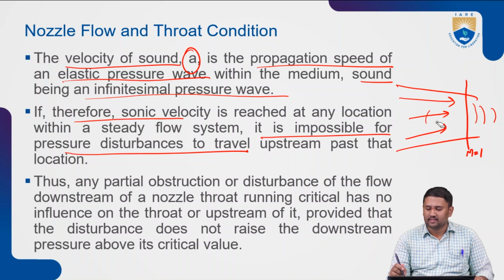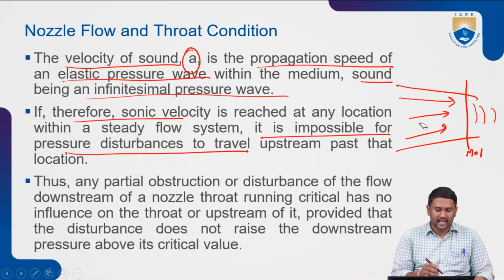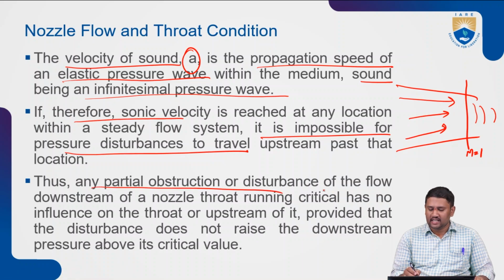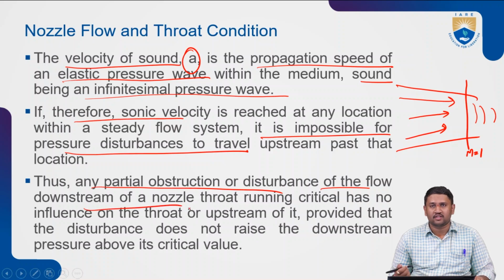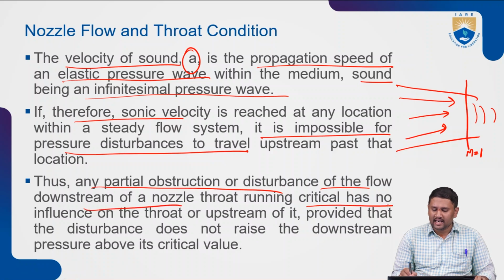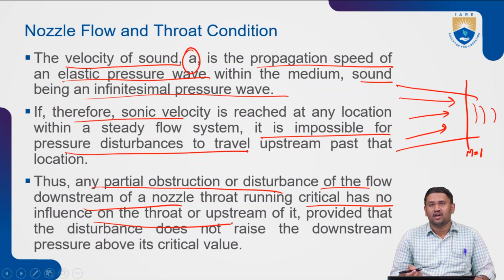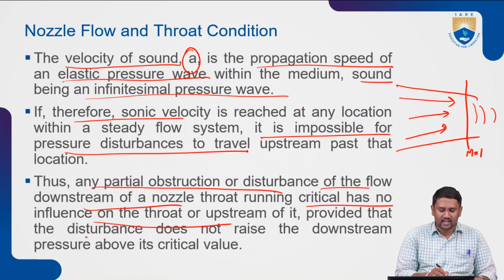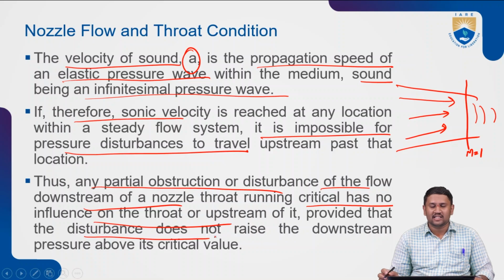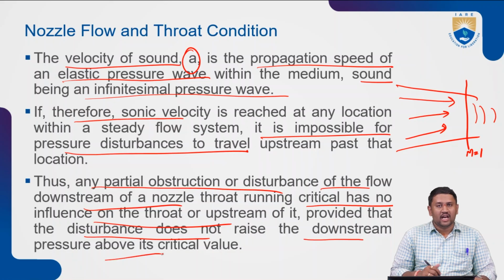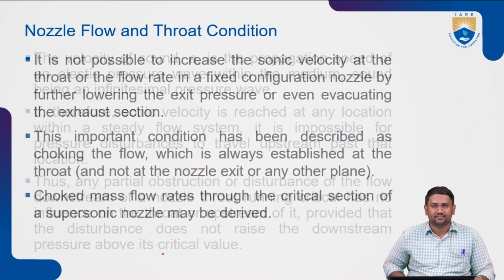That doesn't happen. So any partial obstruction, particularly a disturbance of the flow downstream of a nozzle throat running at critical mass flow, has no influence on the throat or anything upstream of it, provided that the disturbance does not raise the downstream pressure above its critical value.